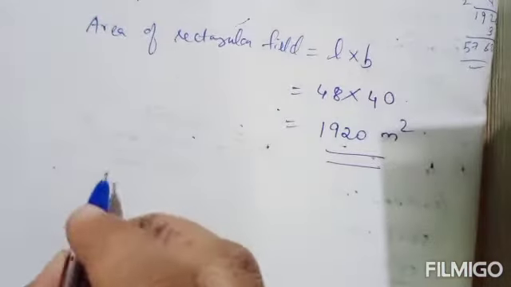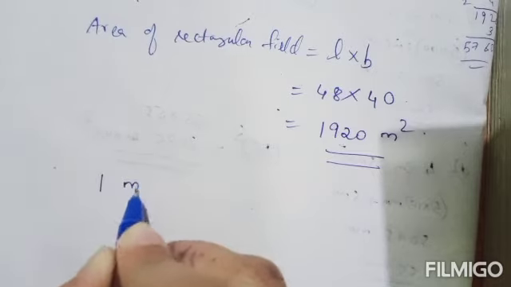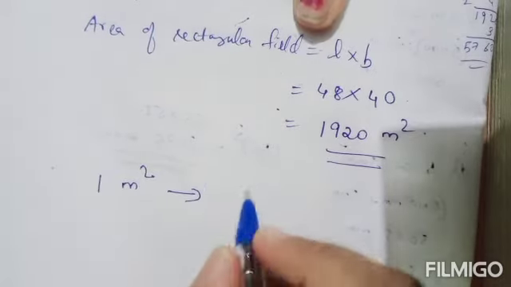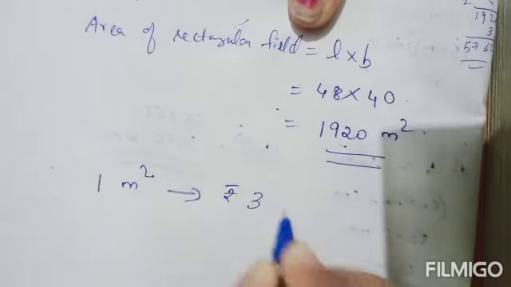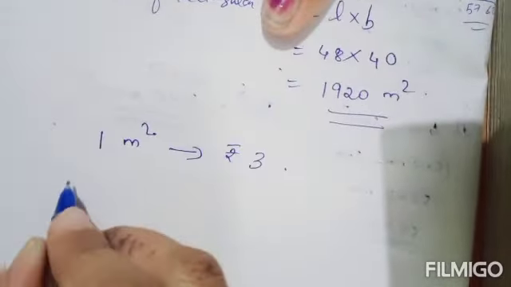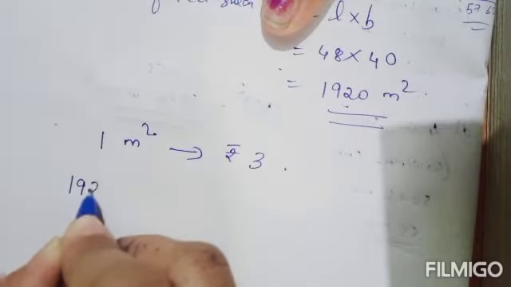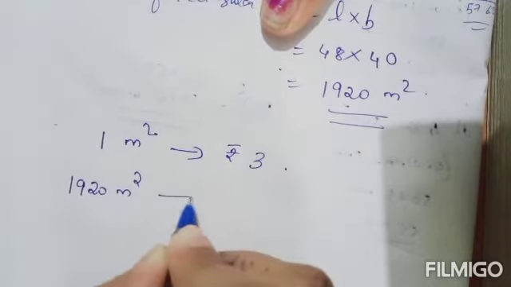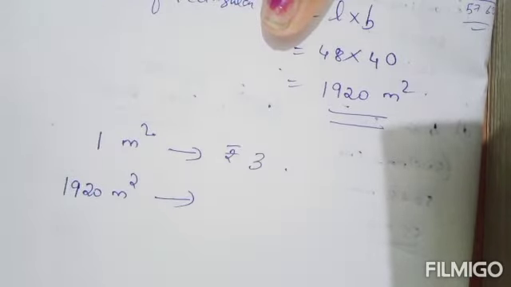Now it is given for leveling 1 meter square of field, it costs rupees 3. So what you need to find here, for leveling 1920 meter square, what will be the total cost?